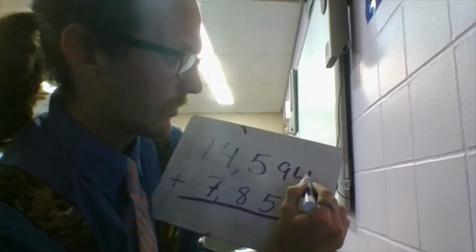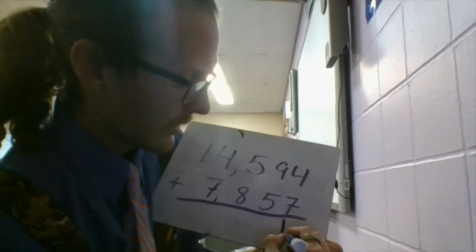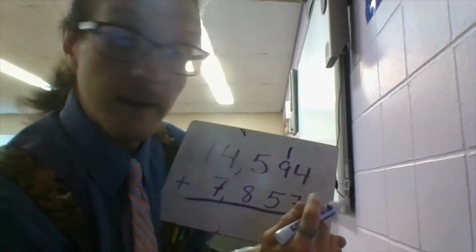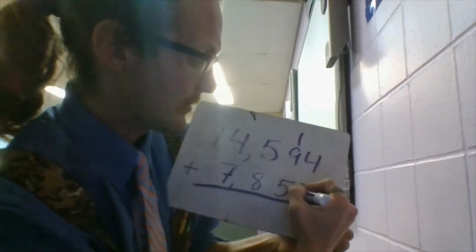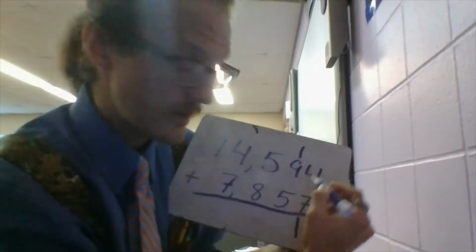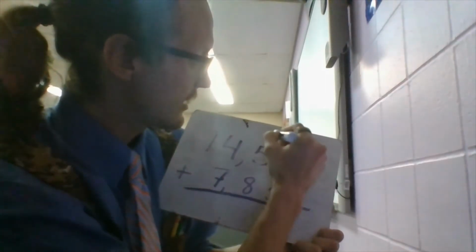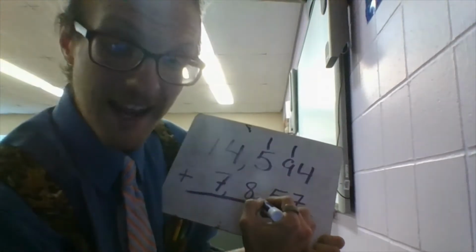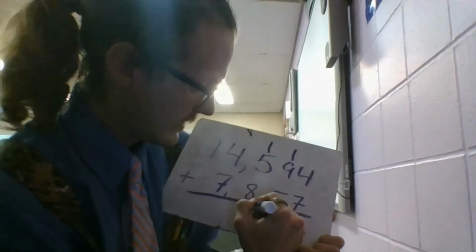4 plus 7 is 11. We put the 1 down here, the 1 up in the next place value. 9 plus 5 is 14, plus that 1 is 15. Put the 5 down here and the 1 up here. 5 plus 8 is 13, plus 1 is 14.